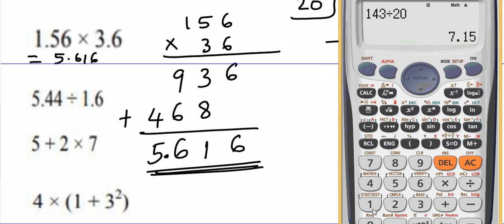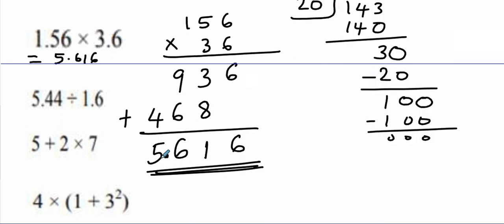You can use your calculator to check if your answer is correct. 1.56 multiplied by 3.6. What is the answer? We got 5.616. Okay. So we are good to move on.